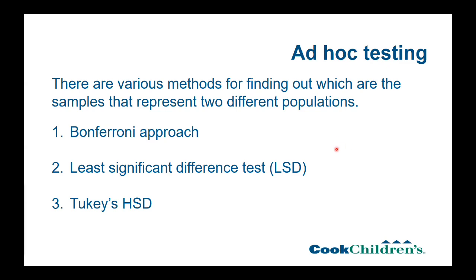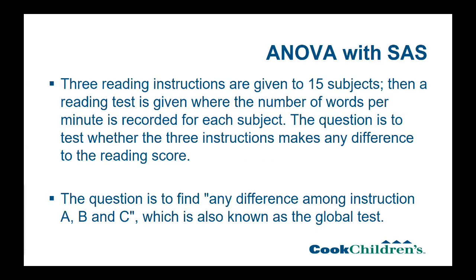The Bonferroni approach, the least significant difference test, and the Tukey test are some of the methods that could be used. I'm not going to go into details about that. I have additional references that you could check at the end of the presentation to learn more about the specific testing that could be done to know which specific mean is different based on the grouping.